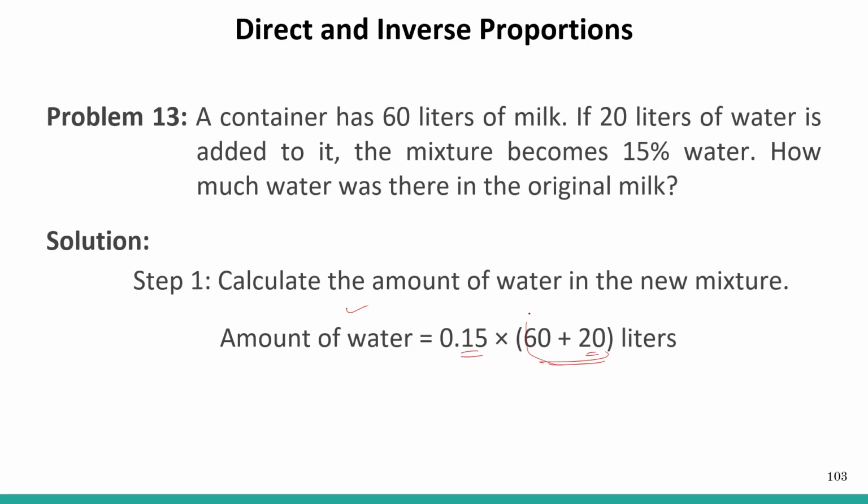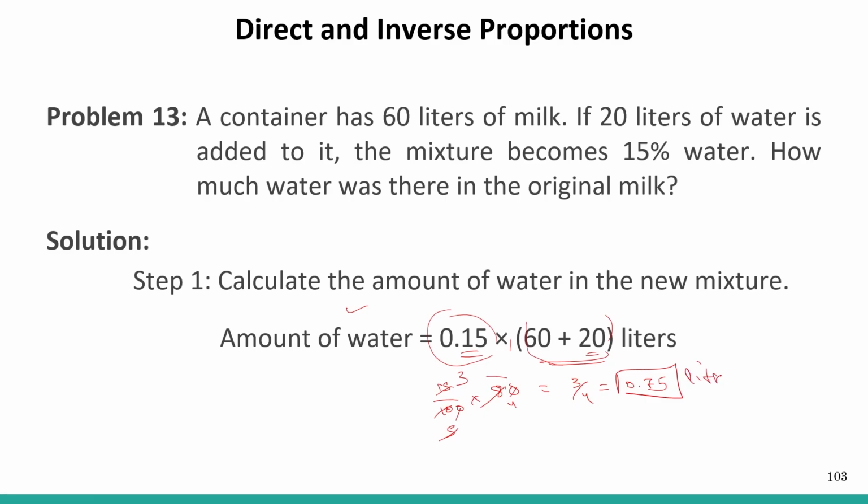The new mixture has 15% water, so 15 by 100 into 80, right? 60 plus 20 is equal to 80. Let's cancel the zero, and it is nothing but 3 by 4 into... equal to 0.75, we can also say.